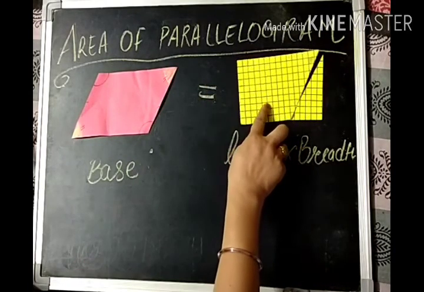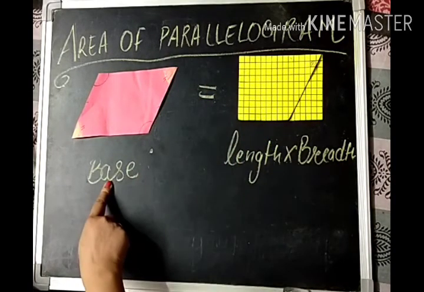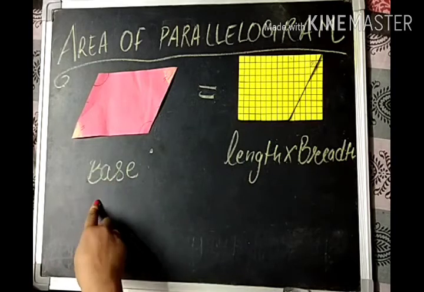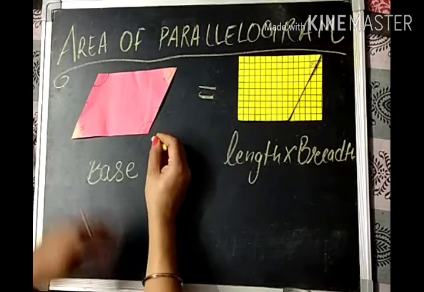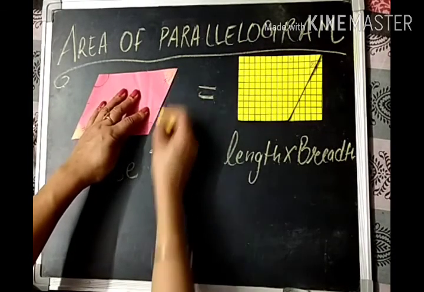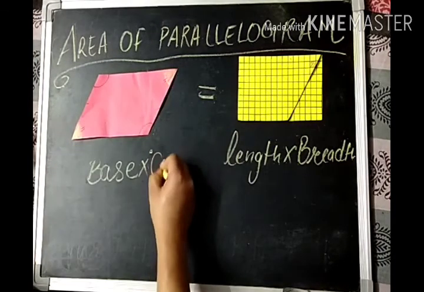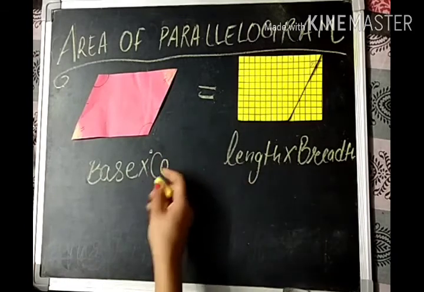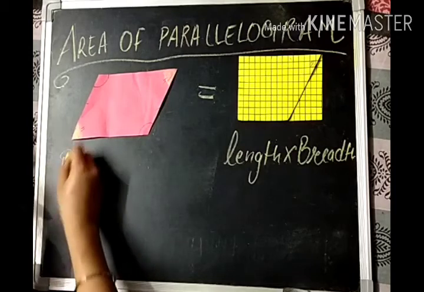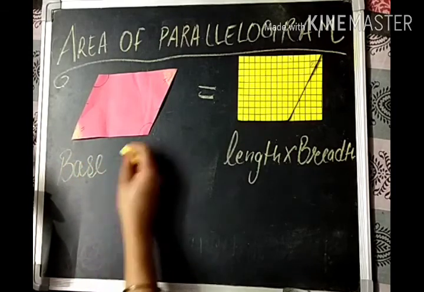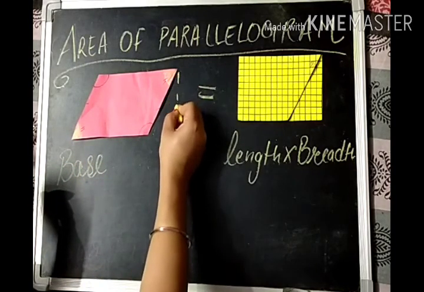Here the length is changed into the base, and the breadth is changed into the height, that is the corresponding height. I'll tell you what corresponding height is. So this will be base multiplied by the corresponding height.